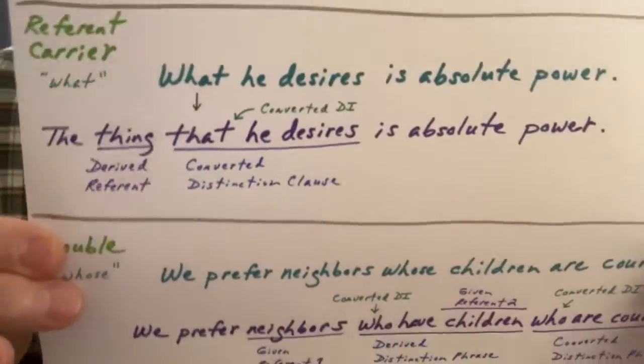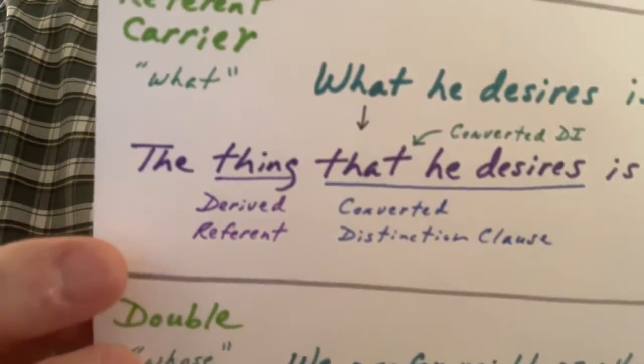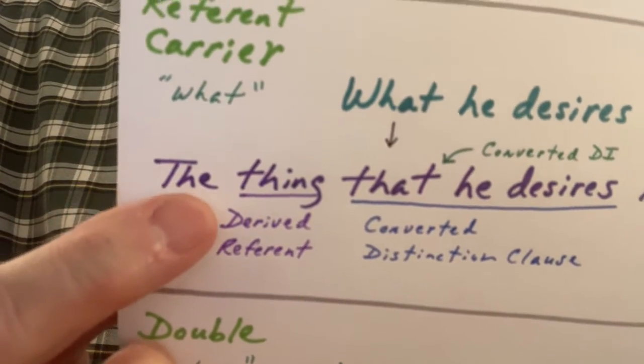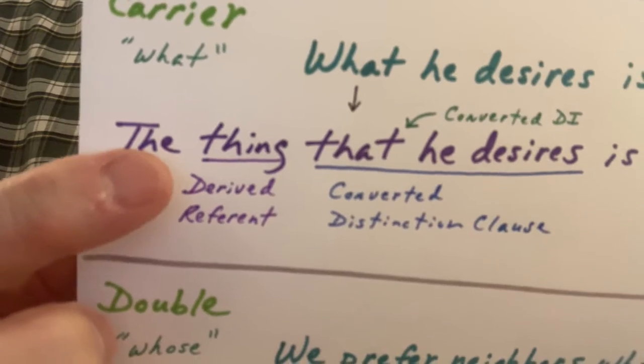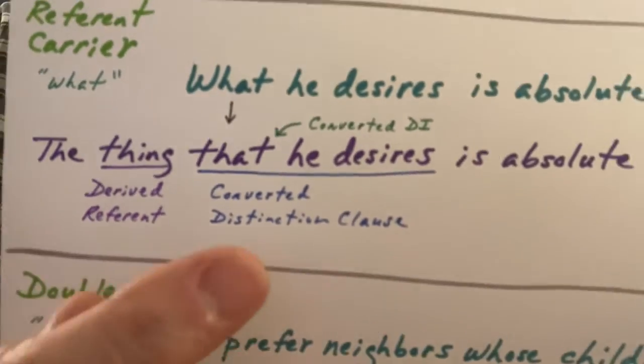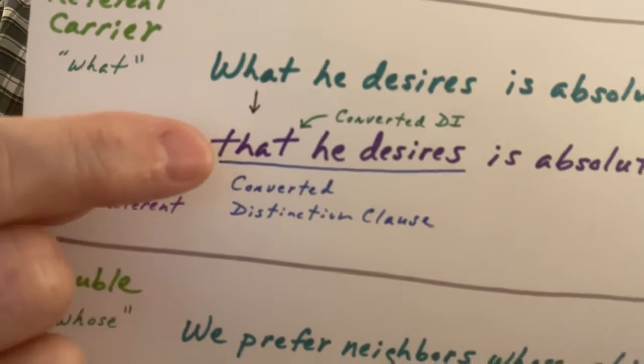Now we have a derived referent, pulled out of here, and we have the converted distinction indicator.